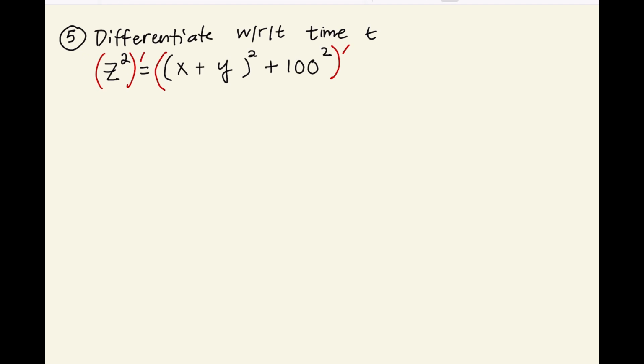The derivative of z squared with respect to t is 2 times z times z prime. That's the chain rule. And the derivative of this expression, again, I'm going to have to use the chain rule, 2 times (x plus y) times the derivative of the inside, which is x prime plus y prime. And then this is plus 0.